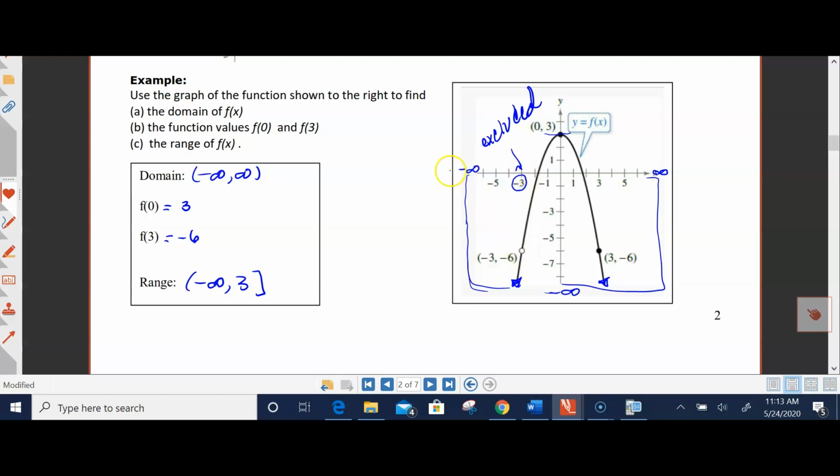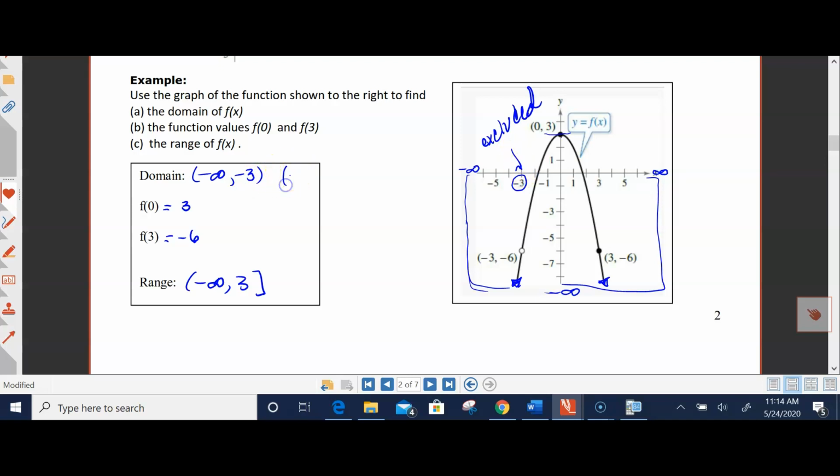So my domain can be everything negative infinity to positive infinity except negative 3. So we have to make an amendment to this domain. It's going to be negative infinity to negative 3, parenthesis on the negative 3 because we need to exclude him.